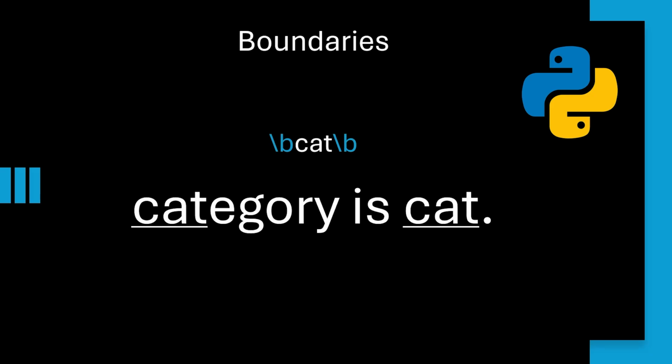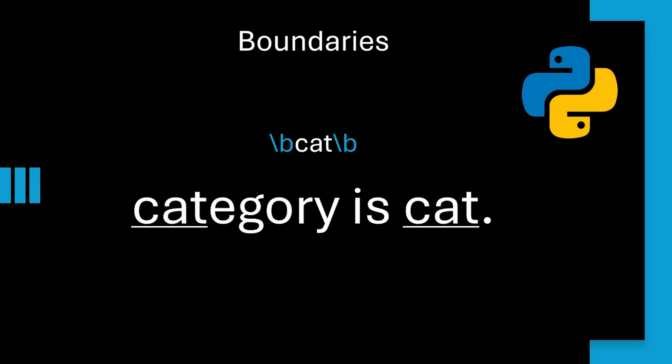So, our first topic is boundaries, which controls where matches happen. In regex, boundaries define where a pattern should match in a string, making our search super precise. We have already seen caret, which matches the start of a line, and dollar, which matches the end of a line. But here's another useful thing, which is written as \b.